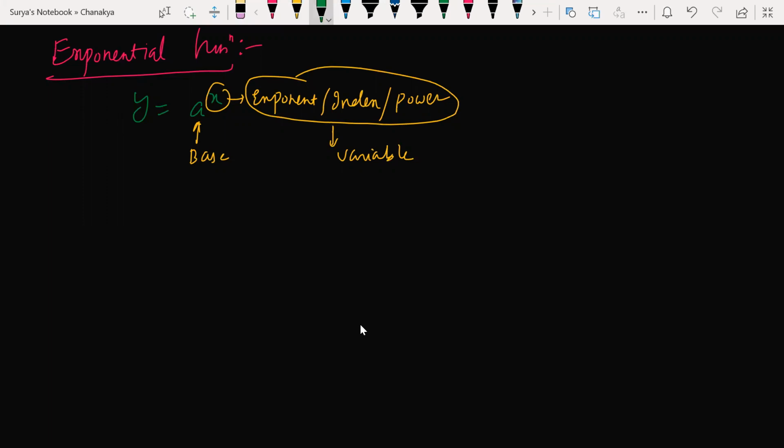Now, what is the condition here? What is the condition of this exponential function? Tell me how the graph of this function is going to be, how it will behave. Quick.